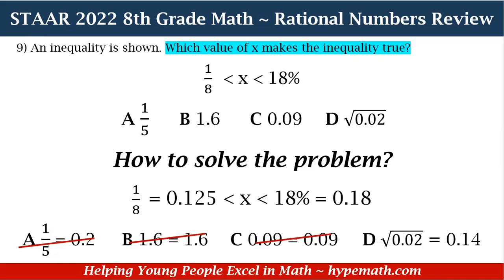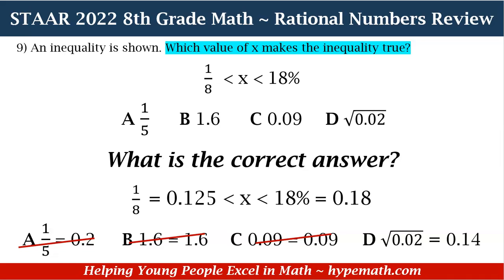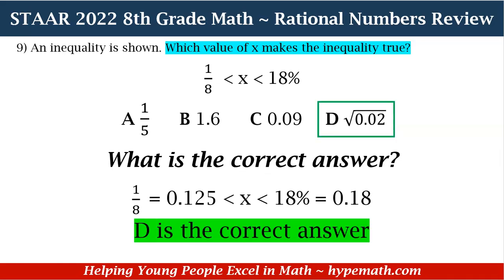So again, we were able to eliminate A, B, and C as being correct answers. So what is our correct answer? Yes, it is D, the square root of 0.02. So our inequality would read 1/8 is less than the square root of 2/100, or the square root of 0.02, and that is less than 18%.